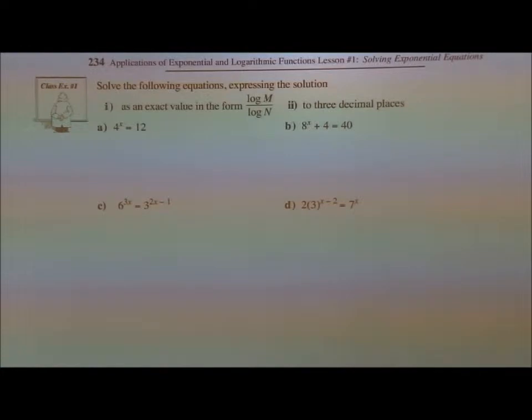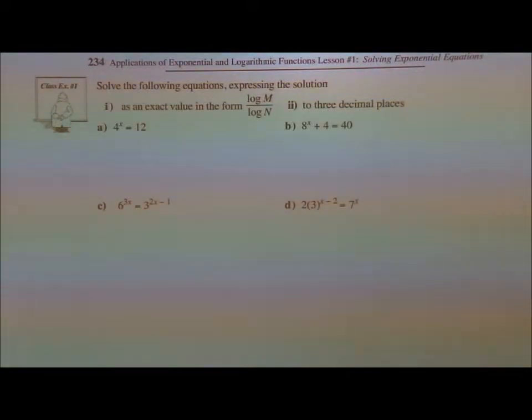No. And if I look at 4, what base should come to mind with 4? 2. So I should look at a base of 2. Can I write 12 as 2 to the power of something? No. So I eliminate the use of common bases, and now I can go into the method of taking the log.